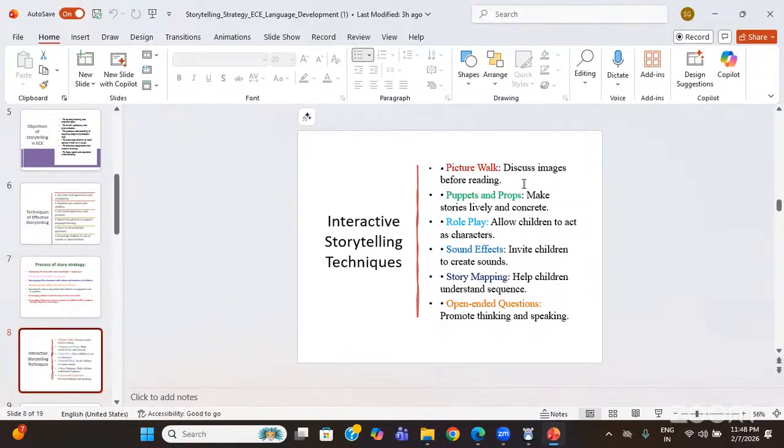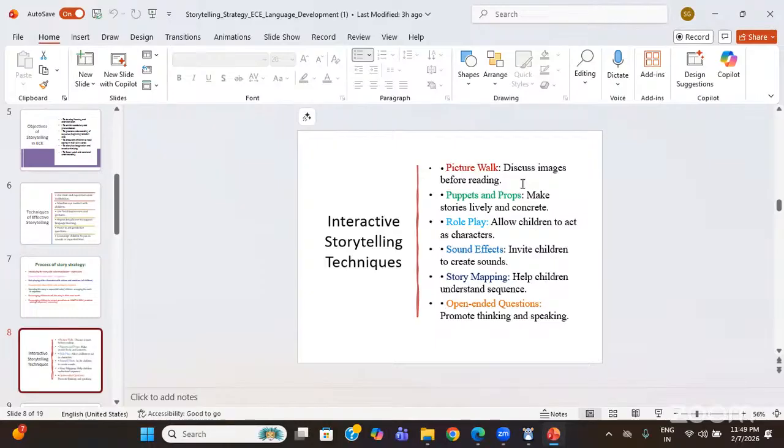Picture walk, discuss images before reading. So just as you introduce the story, don't go just directly into the story. Suppose you are using some pictures or flashcards in the story, you can discuss before going into the story.